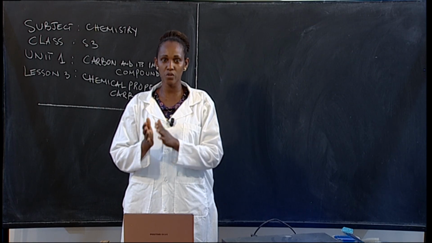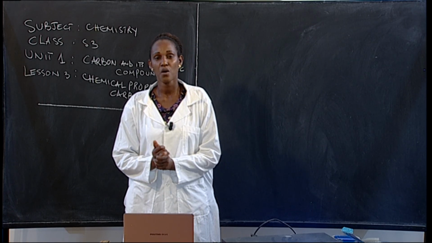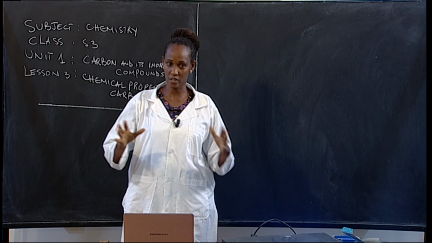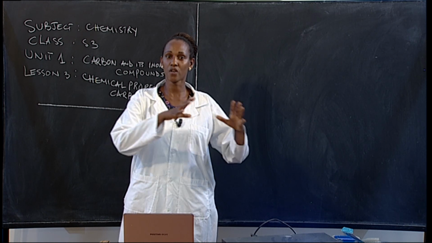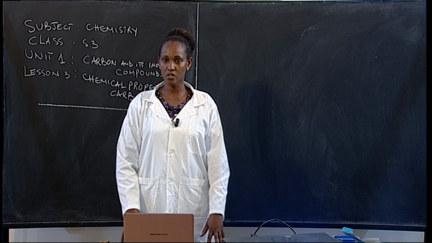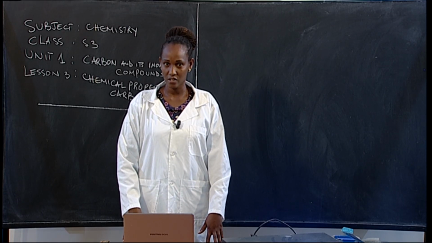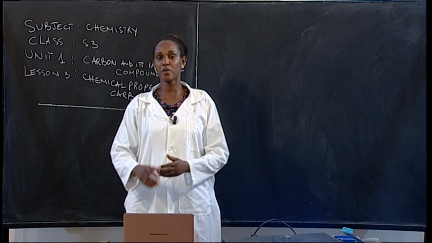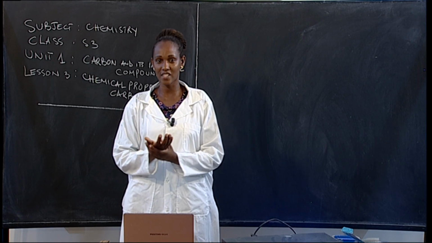And remember, when we talk about chemical properties, we are emphasizing reactions, all right? Reaction of carbon with other elements or other substances. Good? So, hope everybody is ready to start with the lesson.